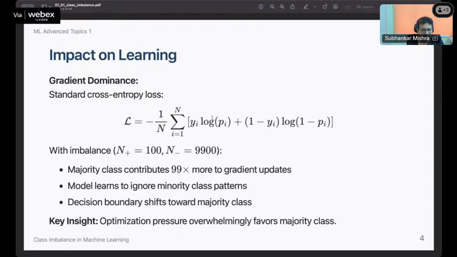And the model will eventually start learning not to do anything when it sees the minority. The decision boundary will be pushed towards the majority class. All the optimization techniques that we have studied, gradient descent or otherwise, and the loss functions will all move it towards the majority class. It will just declare everything as majority, even if you train.